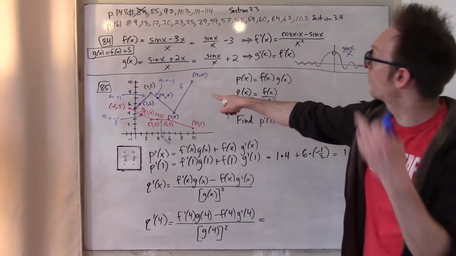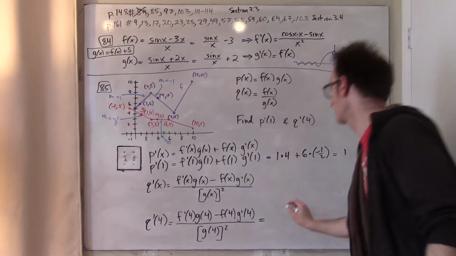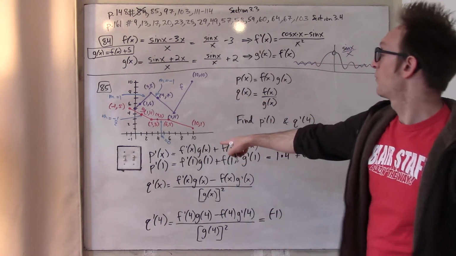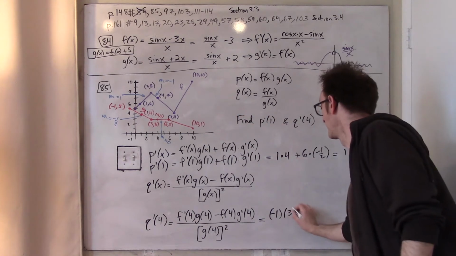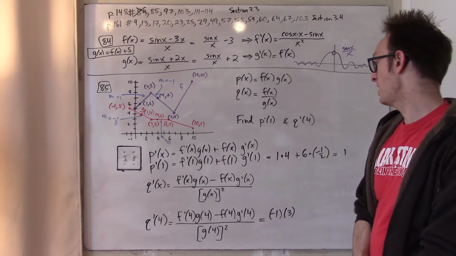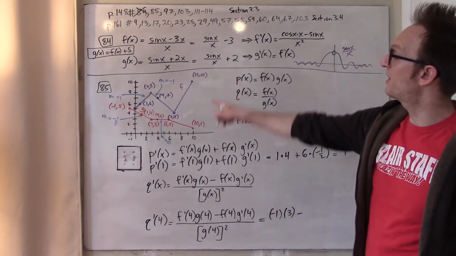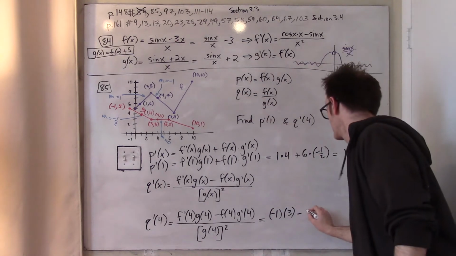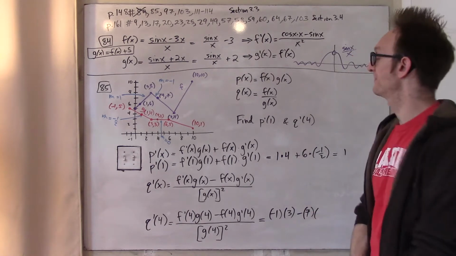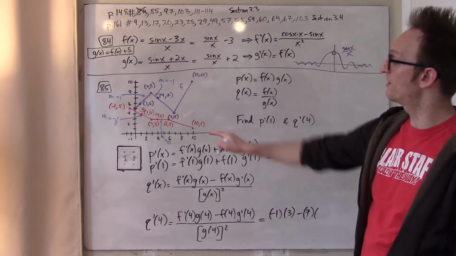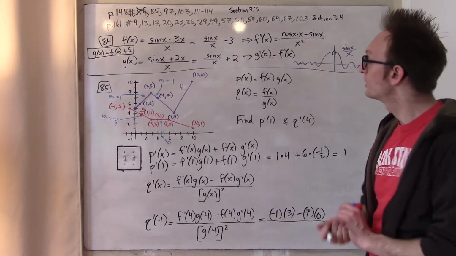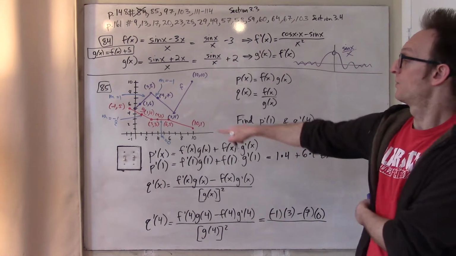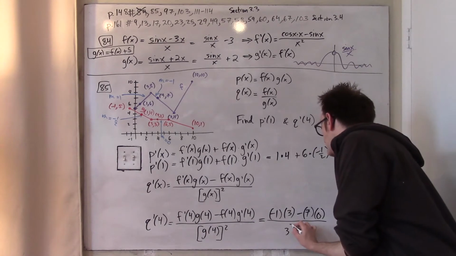What is f prime of 4? We just said it's negative 1. What is g of 4? It's 3. G is the red function. Minus f of 4, which is 7, times g prime of 4, which is 0, all over g of 4, which we said was 3, squared.